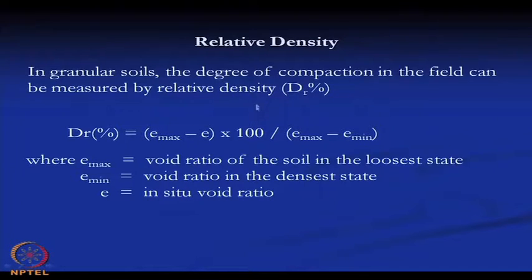The next one is the relative density of the soil. In a granular soil, the degree of compaction in the field can be measured by a relative density Rd in percentage. So, relative density can be expressed as (e max minus e natural) divided by (e max minus e min) into 100, because it is expressed in terms of percentage, where e max is the void ratio of the soil in the loose state and e min is the void ratio in the dense state, and e is the in situ void ratio or the natural void ratio.